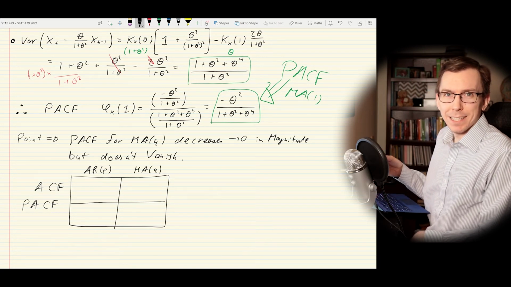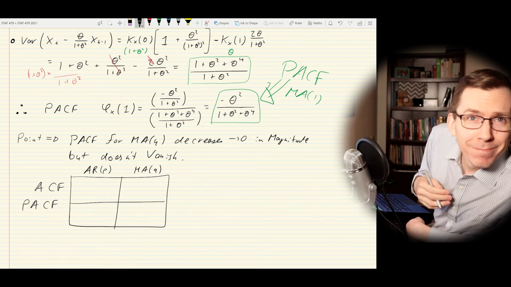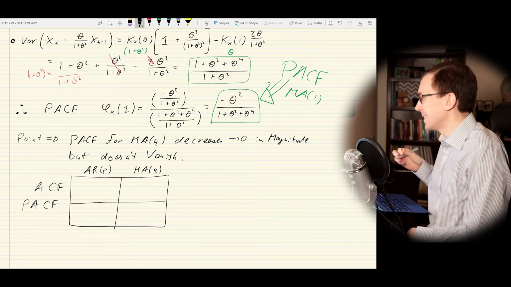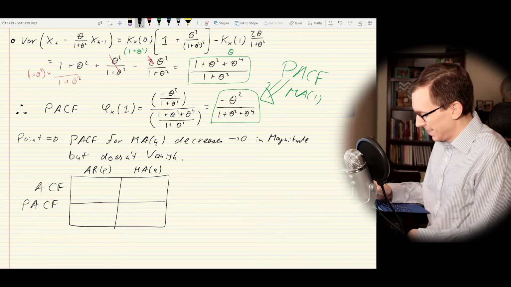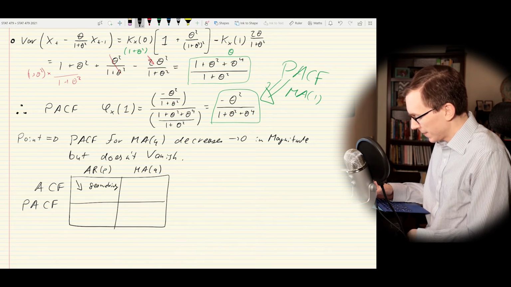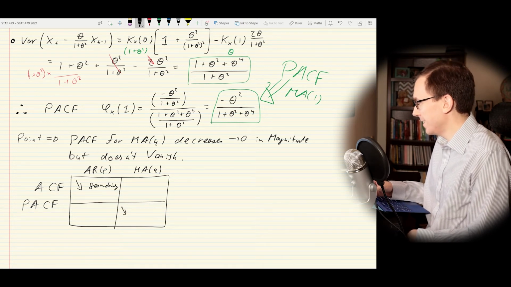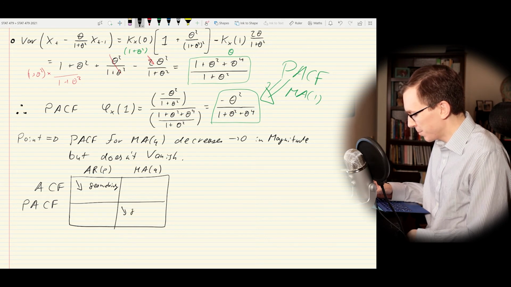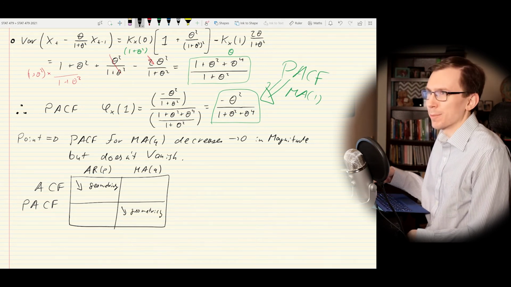So what happened in this case? This basically decreases geometrically. In this case, we also get a decrease geometrically. I didn't actually prove this one. Well, I guess the other one we kind of showed it.